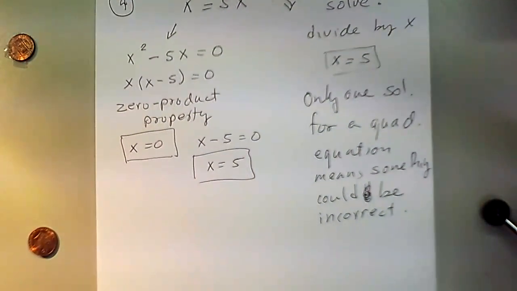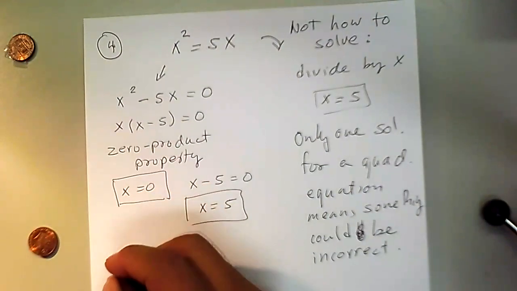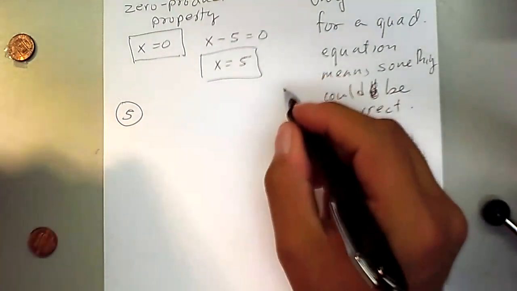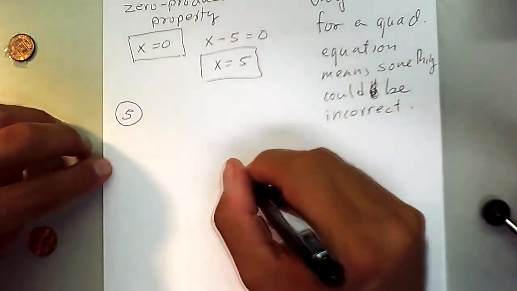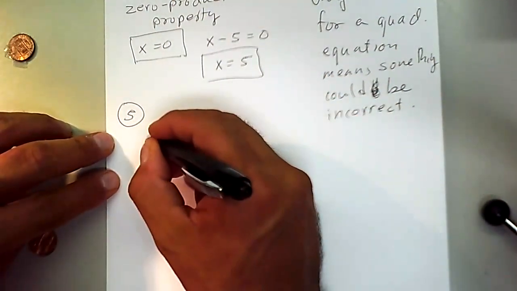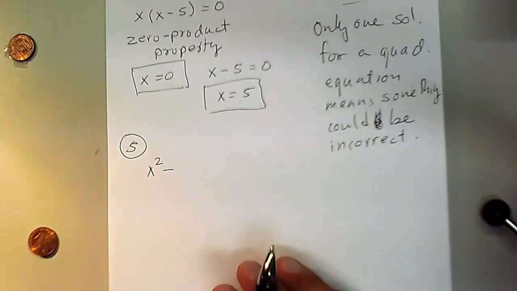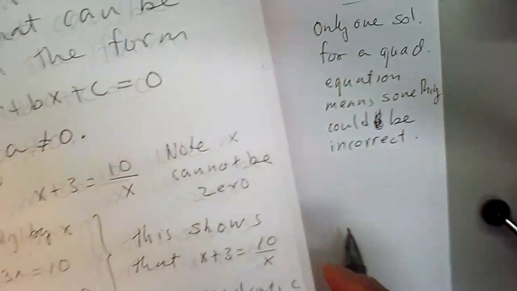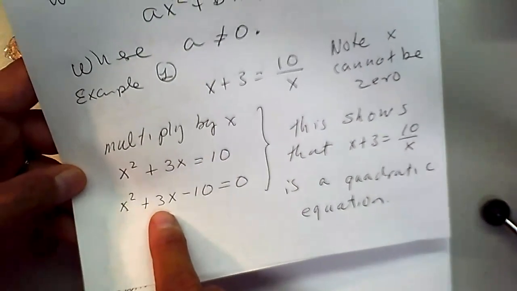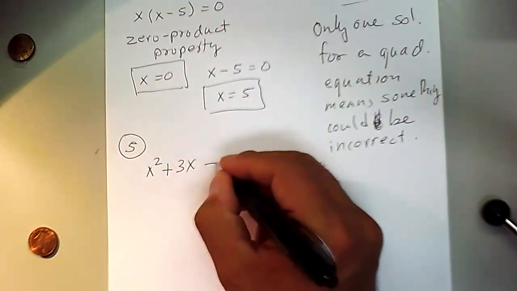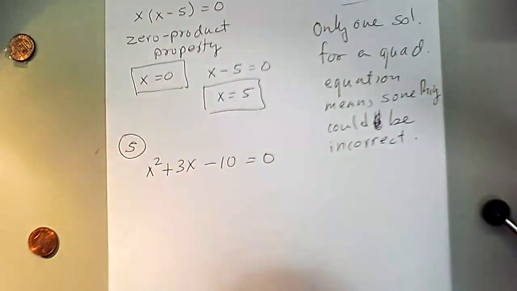Oftentimes the problem is not factorable, rather. So let's say you have x squared. Oh, let's look at the example we started out today. Remember, x squared plus 3x minus 10 equal to 0.